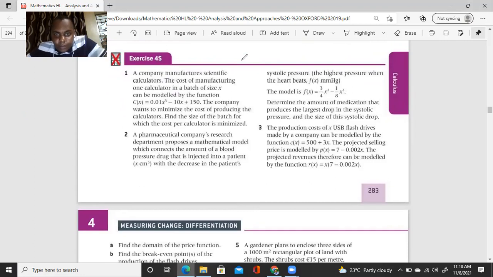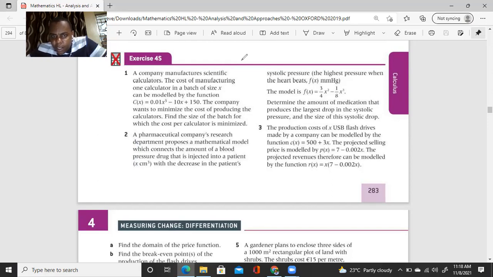Okay. The question that I had was on number 3. I think it might be because the problem is worded a little bit weirdly, but if you can figure it out. So the production costs of x USB flash drives made by a company can be modeled by the function C(x) equals 500 plus 3x.